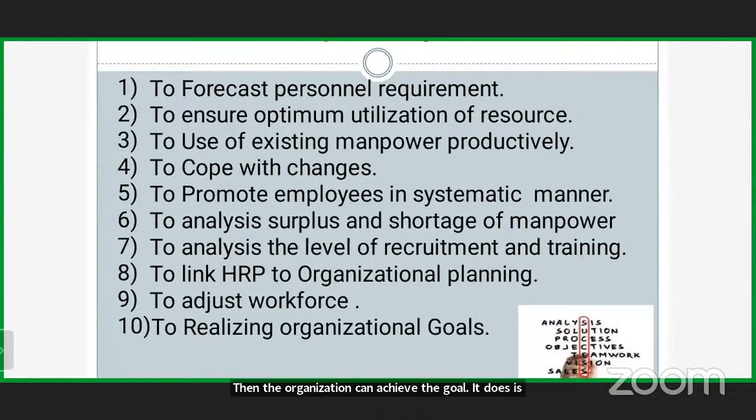So it is the most important factor. We have to select the right people for the right job at the right time. It is very important. If we do not select that kind of people at the right time, ultimately the organization will suffer a lot. So this is what human resource planning is.